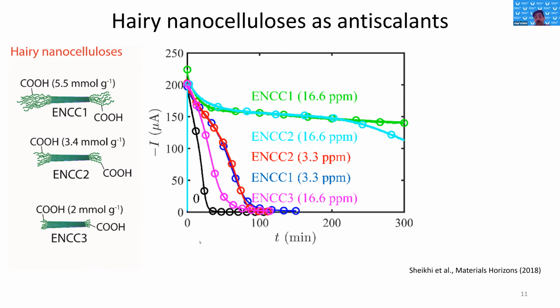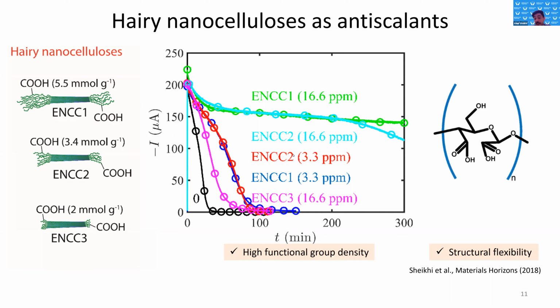And as we use the largest charge content of these hairy nanocelluloses, we observe that they can perform as a scale inhibitor, and their performance is comparable to industrial anti-scalants. The reason for that is that they have a large charge content, and also their structure is now flexible because the glucose ring is open from carbon 2 and 3.